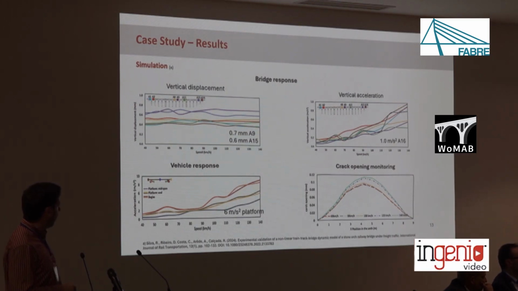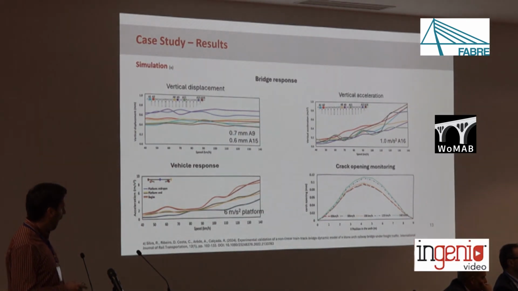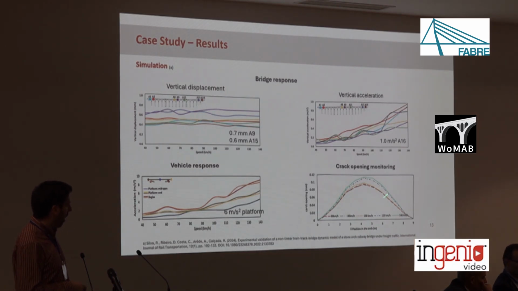For the vehicle, we see that after 90 kilometers per hour we have some increase, so it could be a problem. And also in terms of the monitoring of this longitudinal cracking, we see that the increase of speed has an impact on the increase of this crack opening, but the impact is very low.